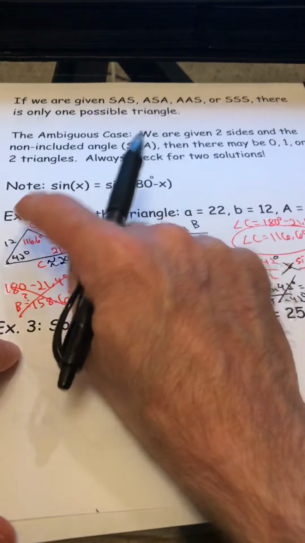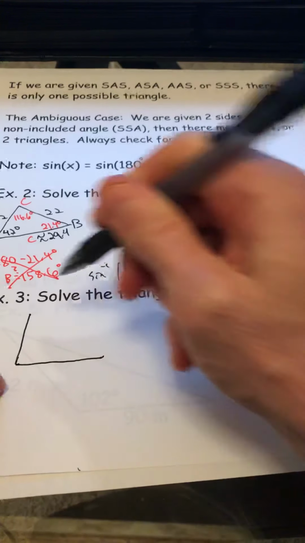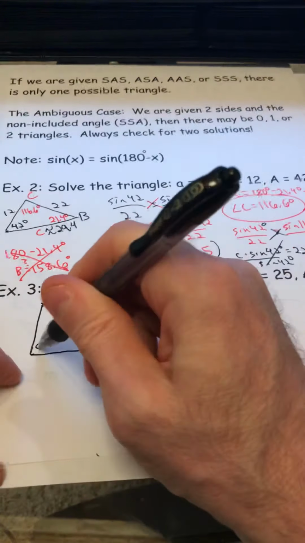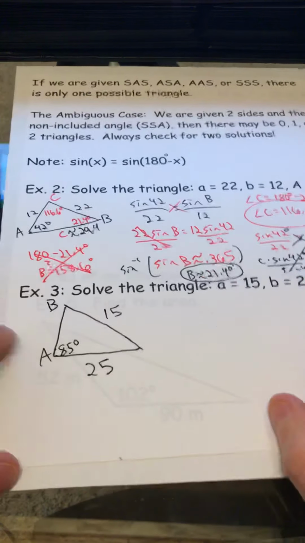Now if we look at example 3, side A is 15, B is 25, angle A is 85 degrees. When I sketch this one, I am going to make that very close to a right angle. And B is 25, so I will put that side there.